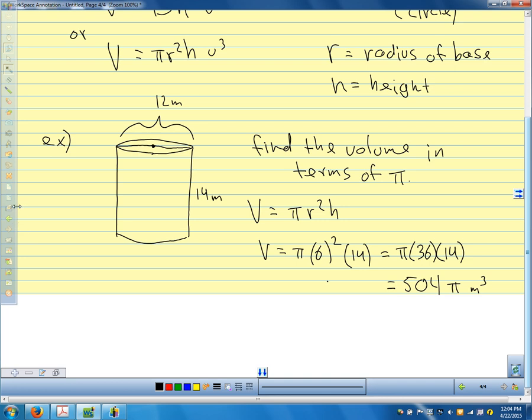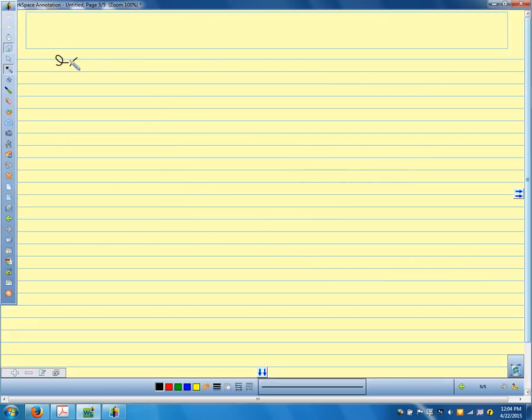All right, let's do another one. Last one. What if I have a shape like this?